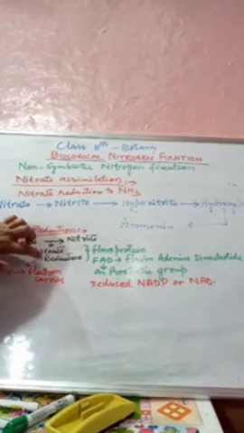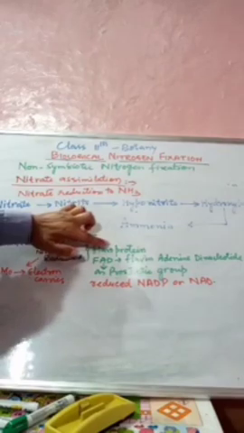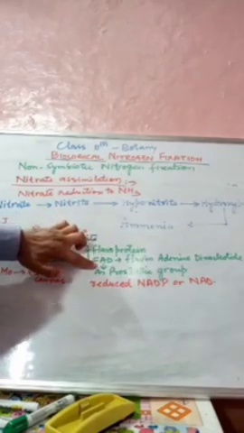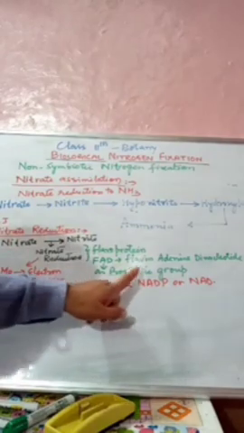This nitrate reductase is a flavoprotein which contains FAD as prosthetic group and receives hydrogen from reduced NADP or NAD.